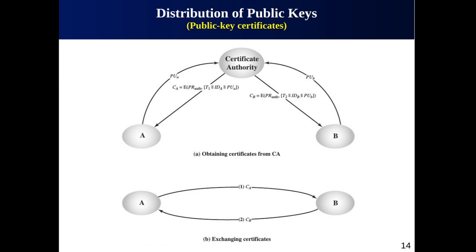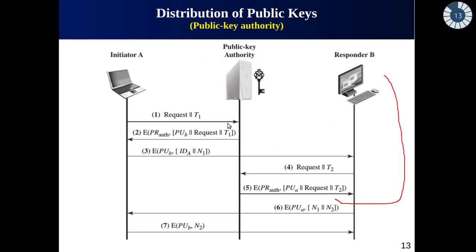As we know, in a public key authority, in the previous case, a user must appeal to the authority for a public key for every other user that it wishes to contact. For B, these steps. If A wants to communicate with C, same steps. If A wants to communicate with D, same steps. Every time A wishes to communicate with a new communicating party, A has to generate a request for the public key of that communicating party.